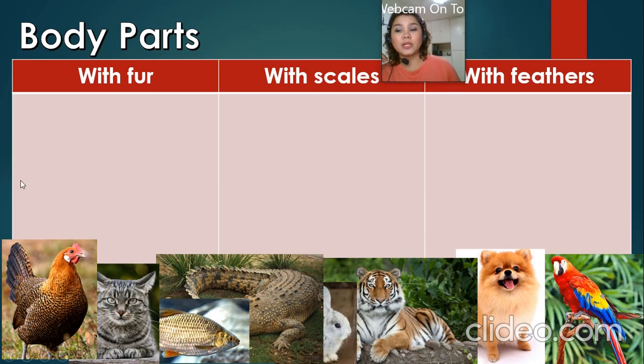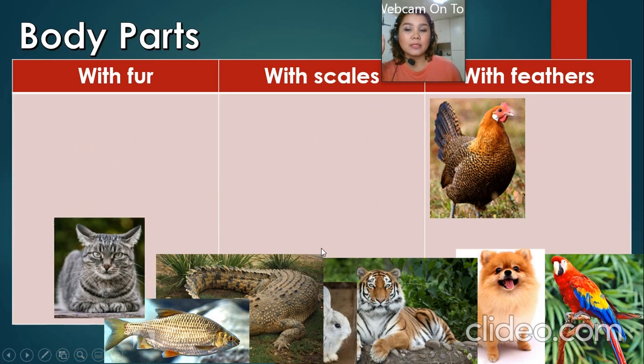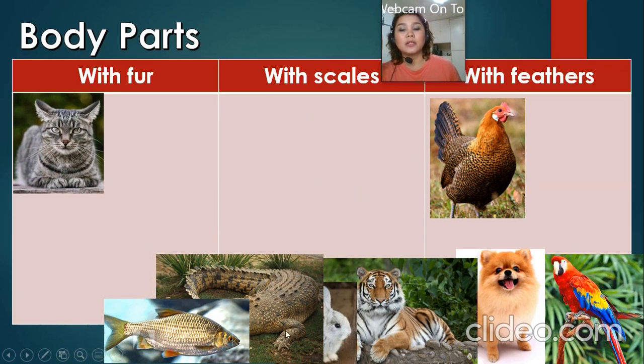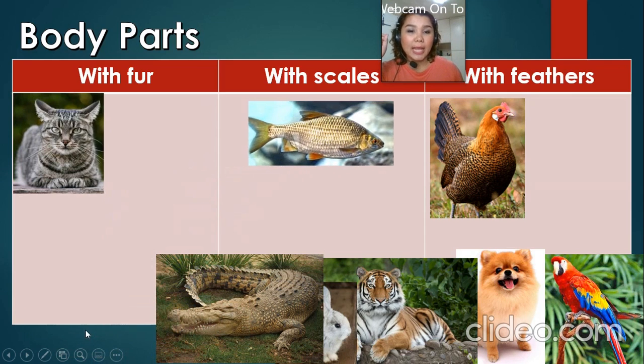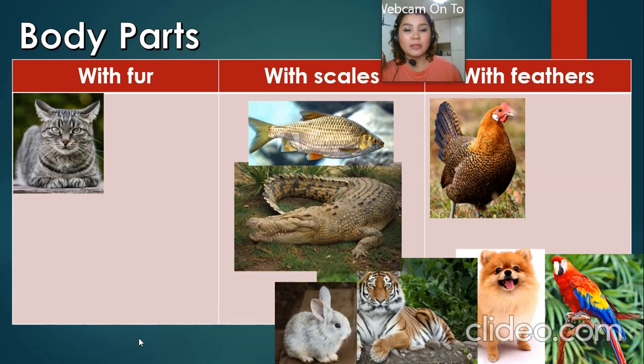The answer is feathers. Next is the cat. Cat, it has fur. And then the fish, it has scales. Scales also help them in swimming. Okay, next one is the crocodile. Fur, scales, or feathers? The answer is scales.